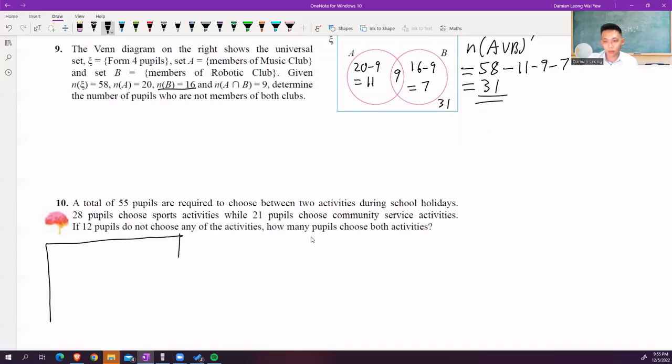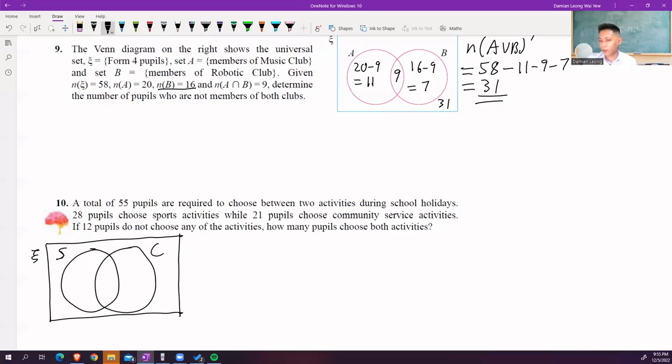So sketch out a Venn diagram. Okay, universal set. So let's say I put S for sports, C for community service.